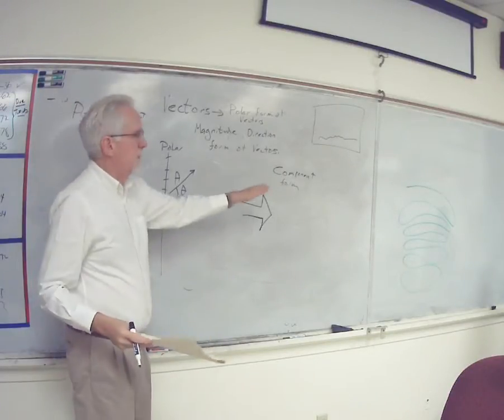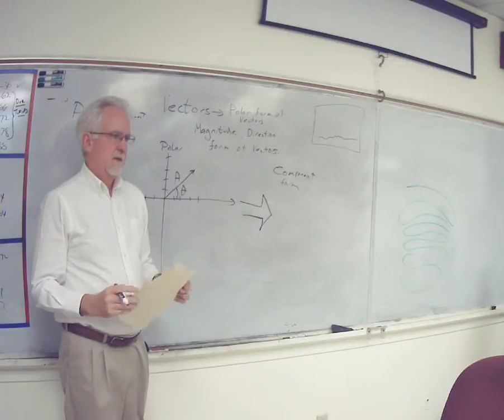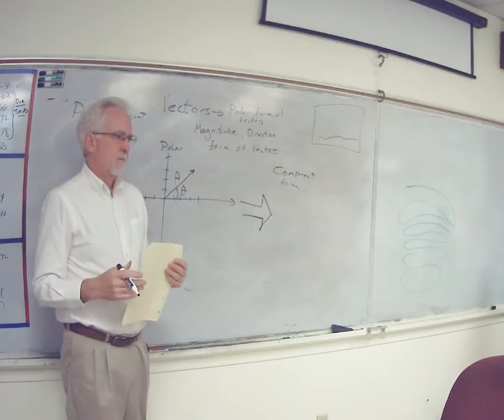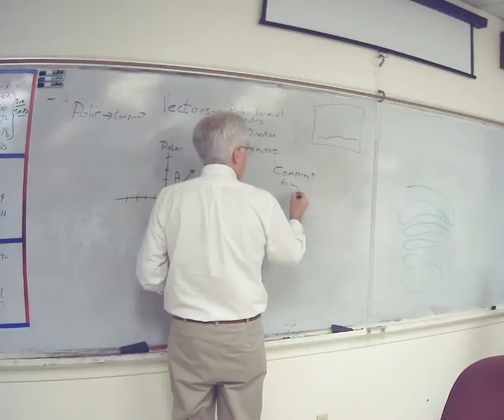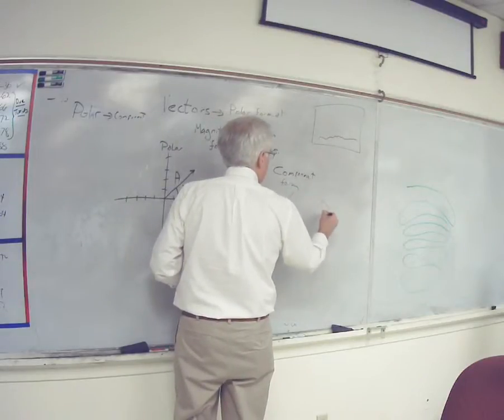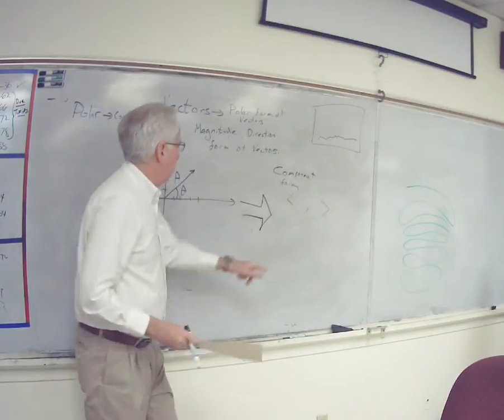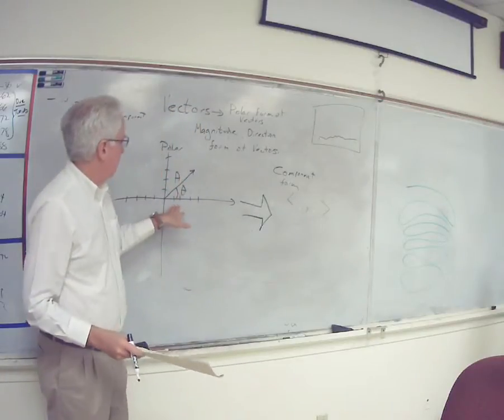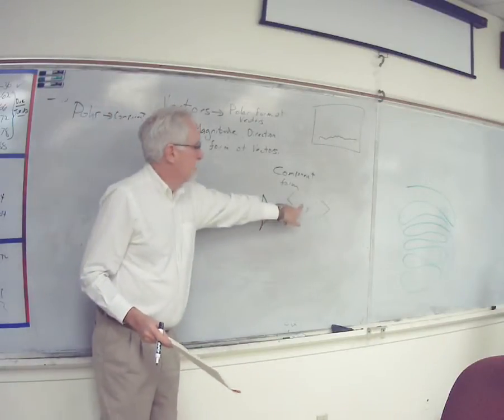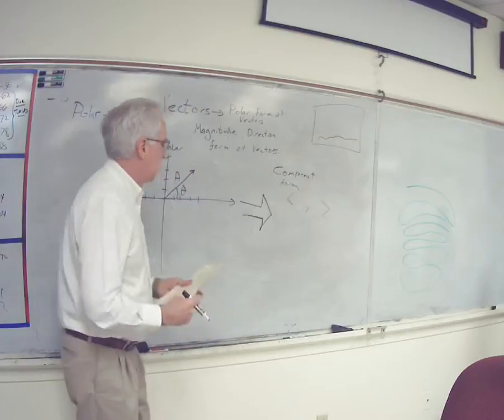So if I want to be in component form, what do I need? I need 2 numbers. So can we draw it like this so we're at least starting right? What number goes here, if you think of this picture? Just talk out loud.